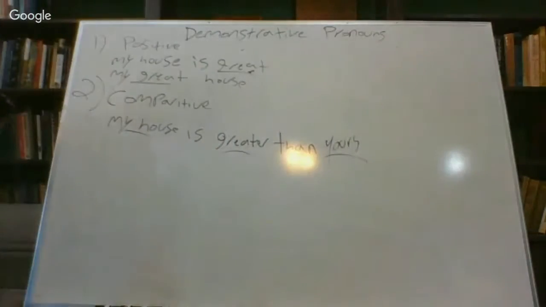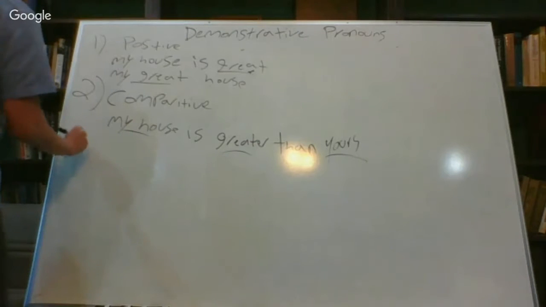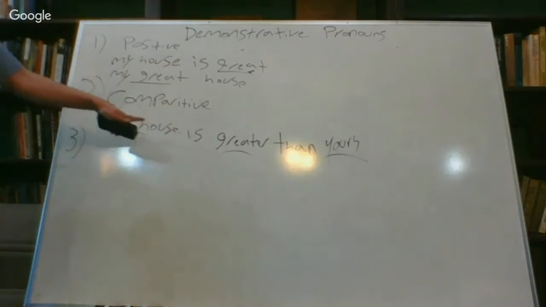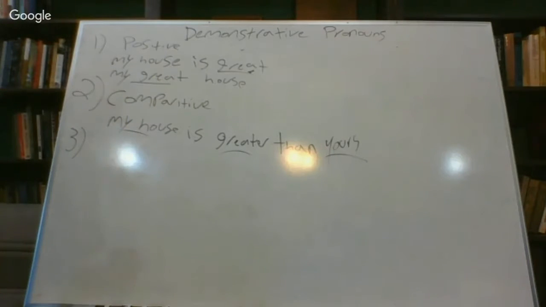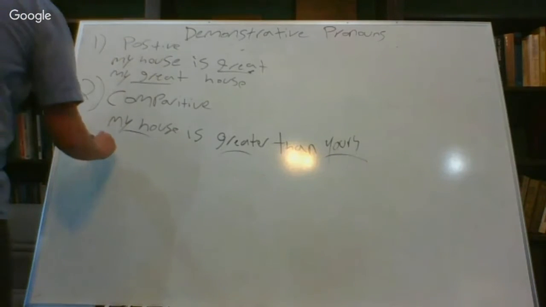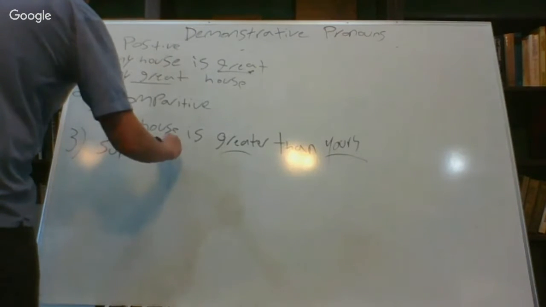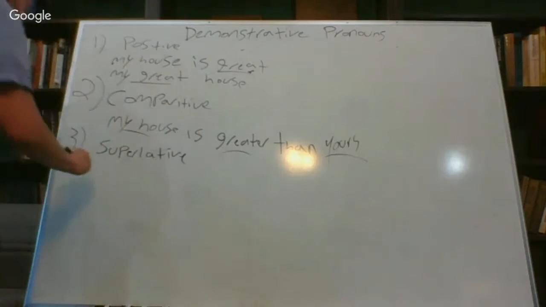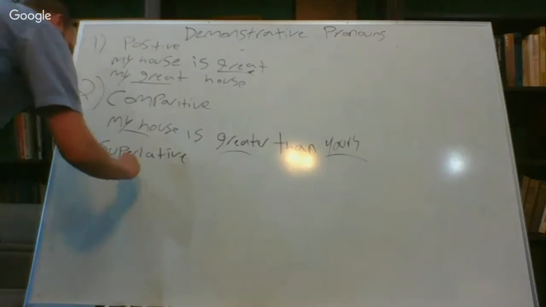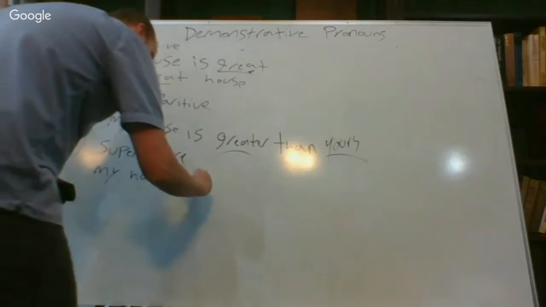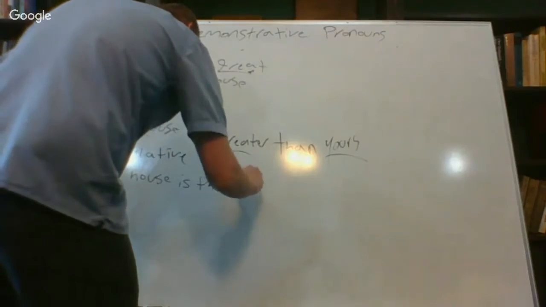So the third one is we've moved from comparing two things. We're going to be comparing three things together. This is called the superlative, at least three things. So we'll say, my house is the greatest.